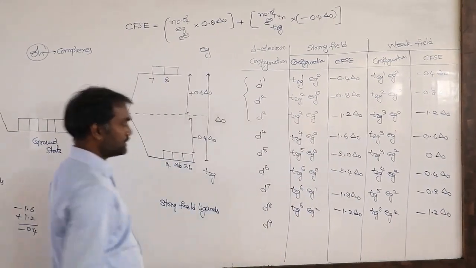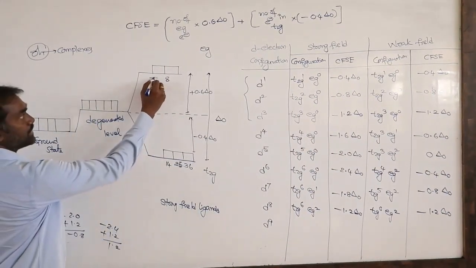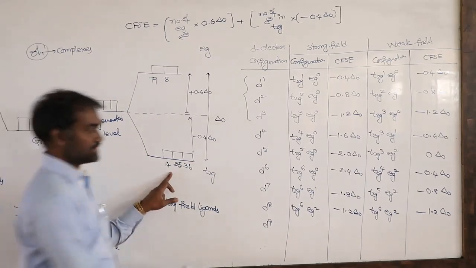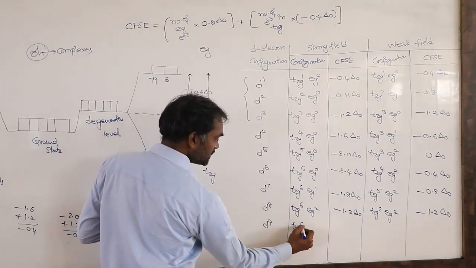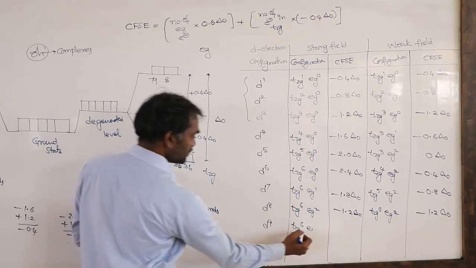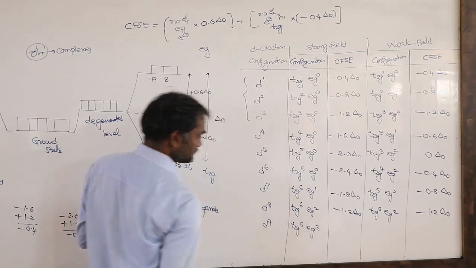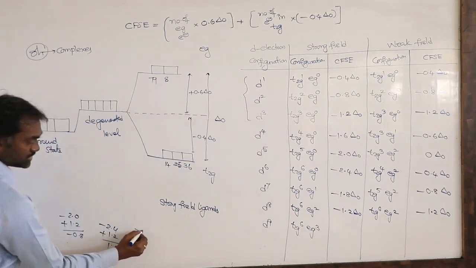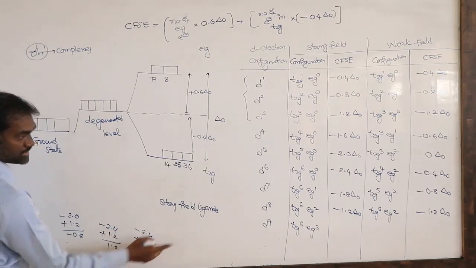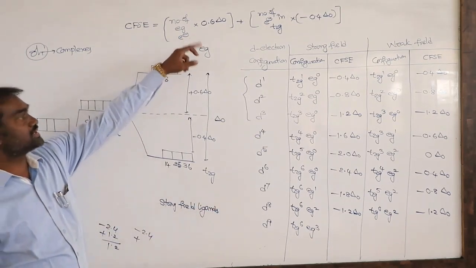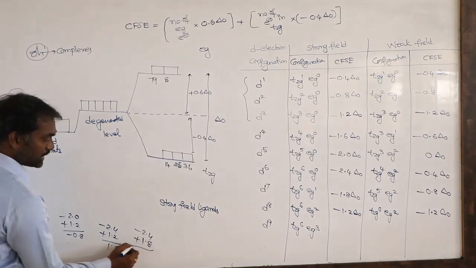Next d9. So the 9th electron is combining with here. So what happens? t2g6 eg3. So t2g6 means minus 2.4 plus 3 into 0.6, 1.8.